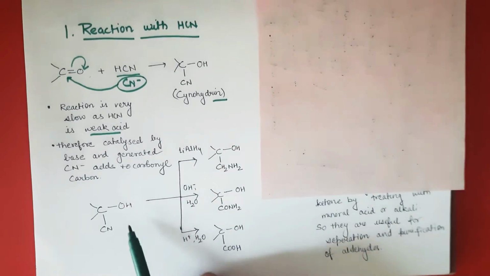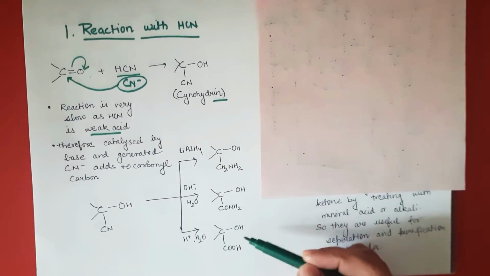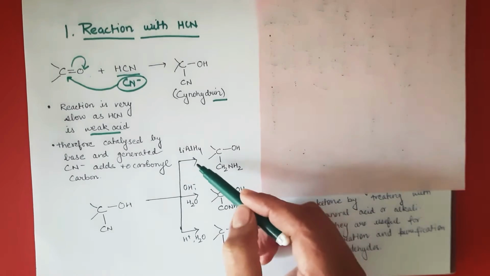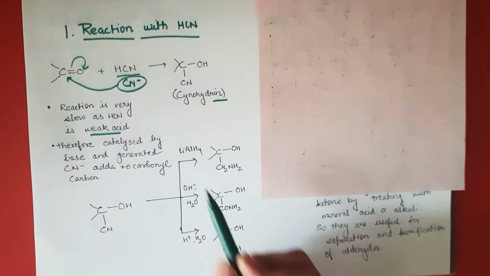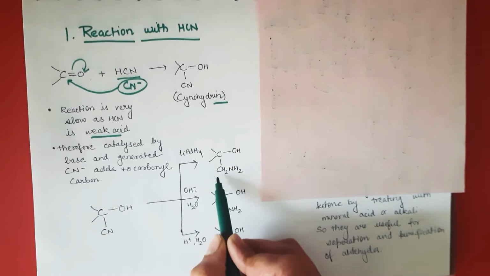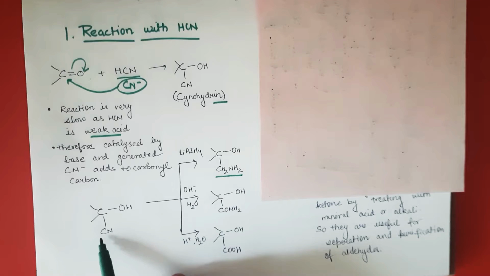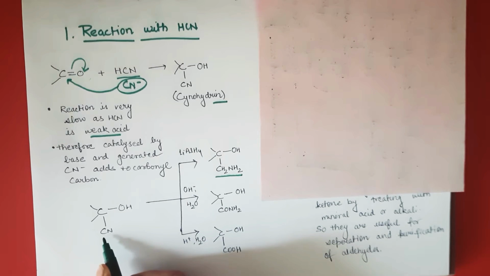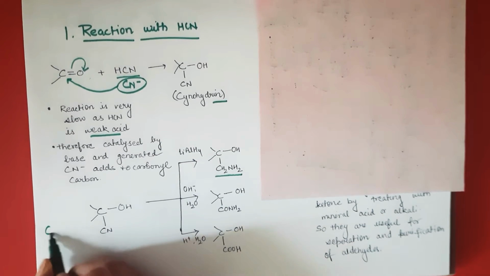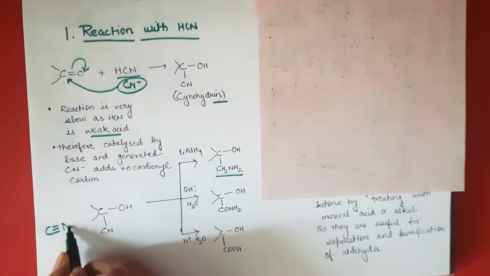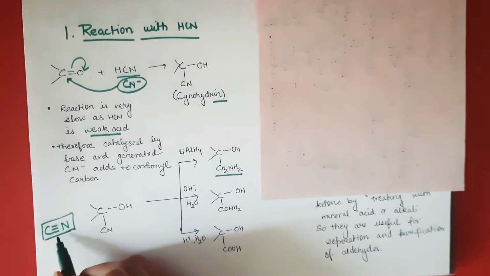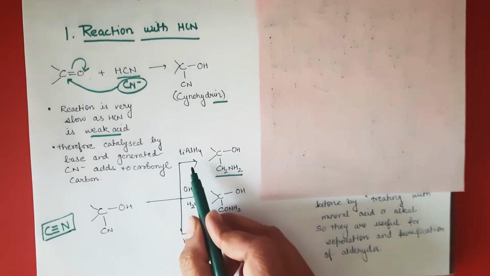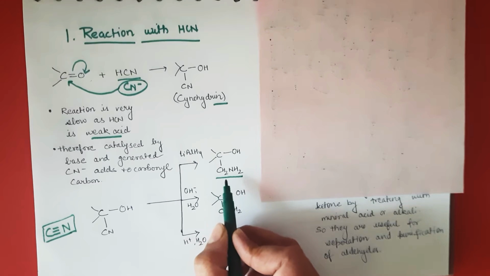The cyanohydrin will give different types of products by reacting it with different reagents. If we reduce it, we will get this. CN, as you know, is C triple bond N. This is the structure of CN, there are 3 bonds in between. So if we reduce, a reduction of nitrile takes place.